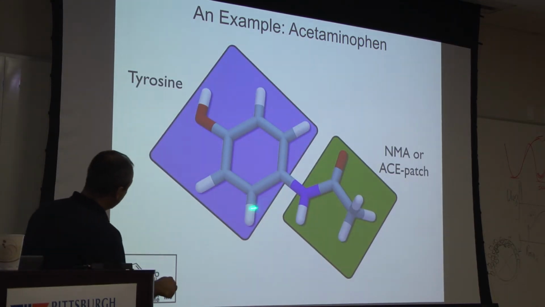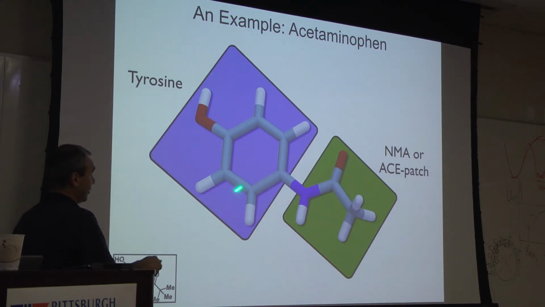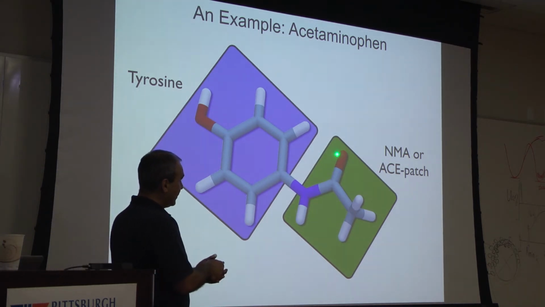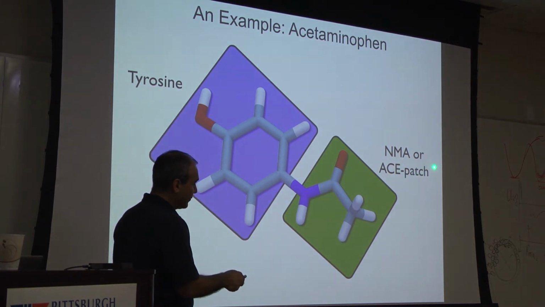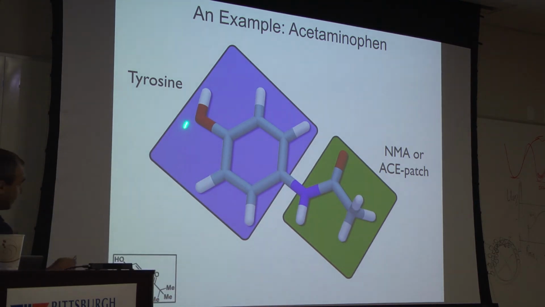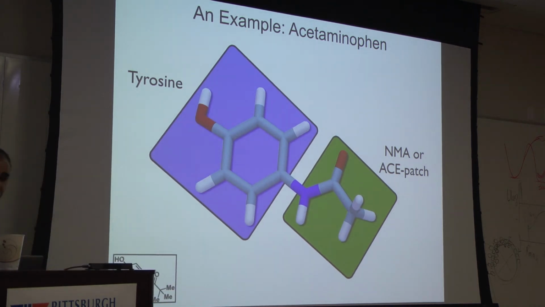This one looks like a tyrosine side chain, so I might be able to adopt parameters, at least for the bonded part, from the standard parameter set. This looks like N-methylacetamide, which is very similar to one of the patching residues that I already have. So you can get some of the parameters here and some here from two different molecules.